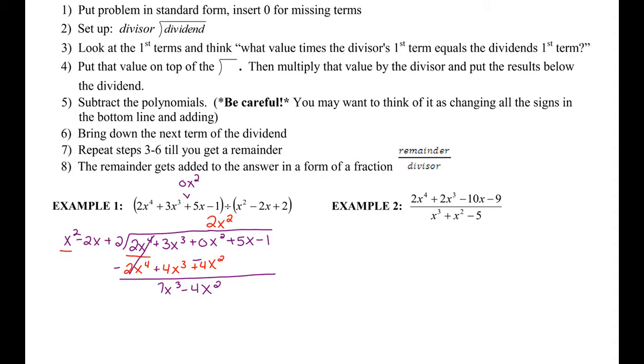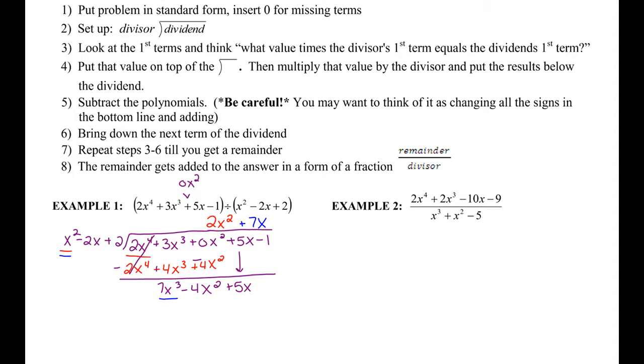We're going to bring down the next term of the dividend, and we're going to start again. This time I have to think, x squared times what number gives me 7x cubed? The answer would be 7x. So I'm going to put it up top, and then multiply it by the 3 terms out front.